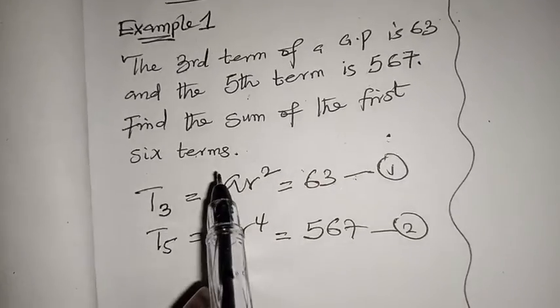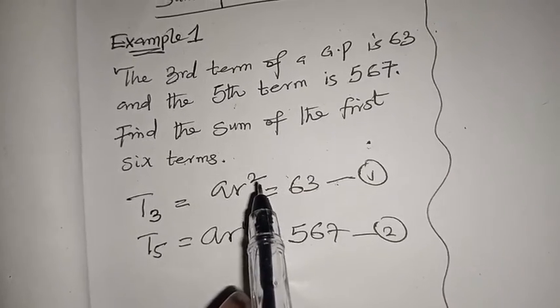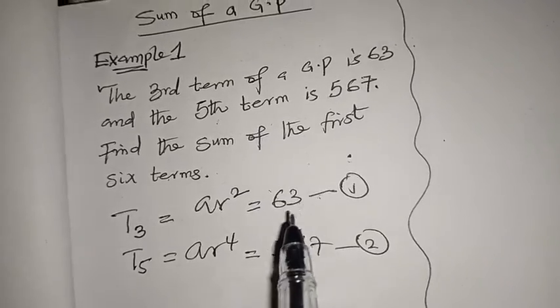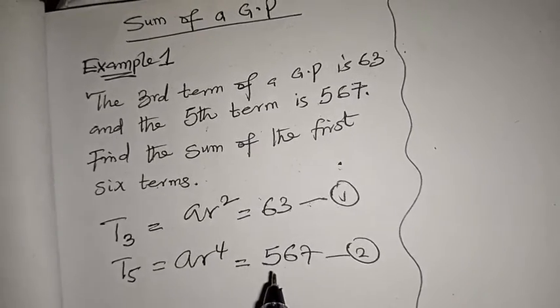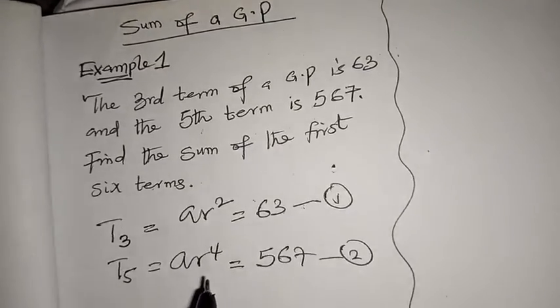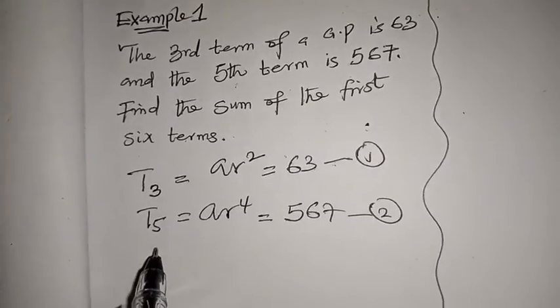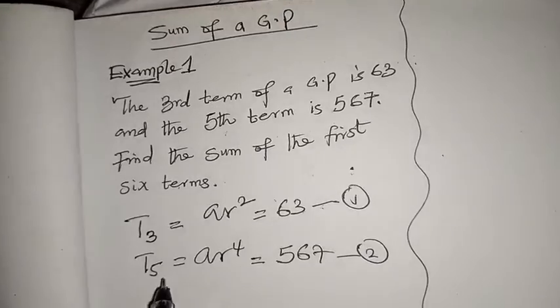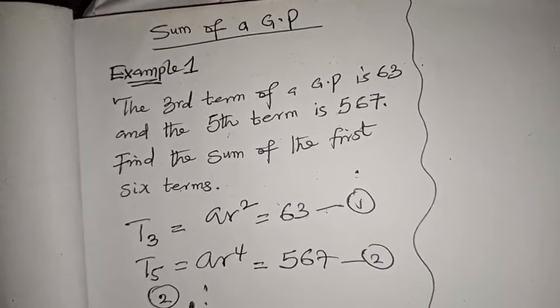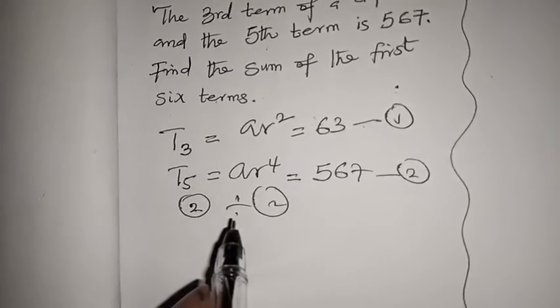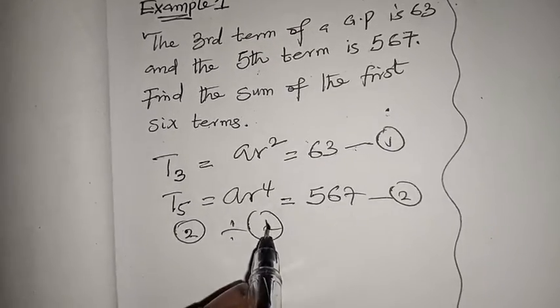Now we have equation 1, AR raised to power 2 equal to 63, and equation 2, AR raised to power 4 equal to 567. So we divide equation 2 by equation 1.